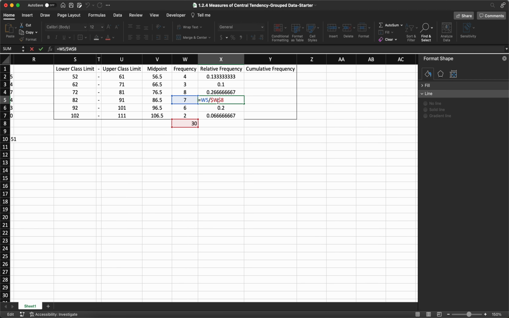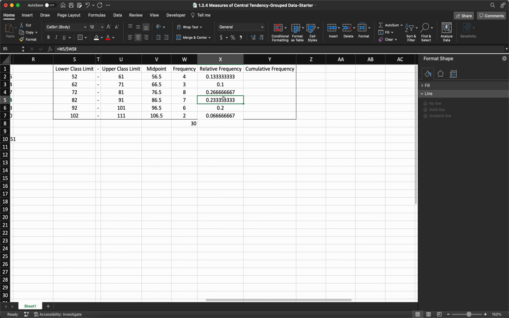So when I dragged it down, the things that I didn't lock kept moving down. The thing that I wanted to stay constant stayed constant because I locked the reference to it with the dollar sign. So no matter how far I drag down, this reference is going to stay the same. And now we know that 27% of the values were between 72 and 81.